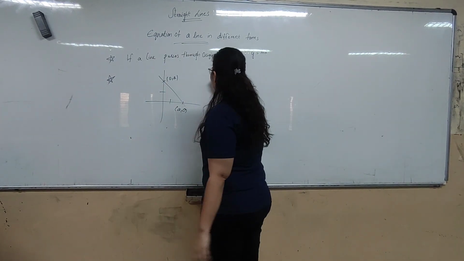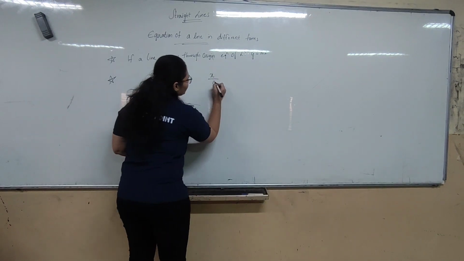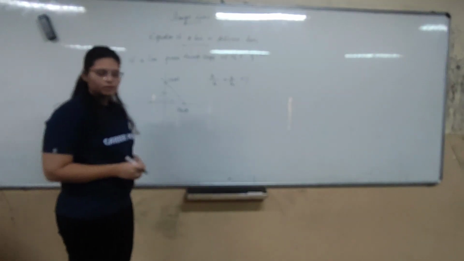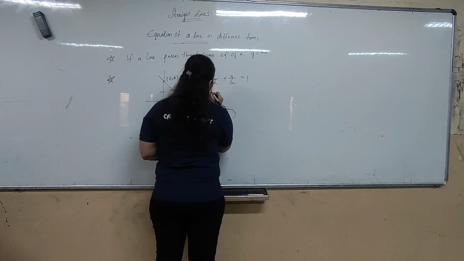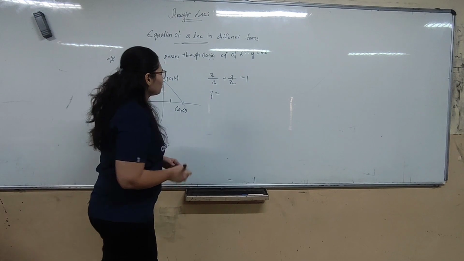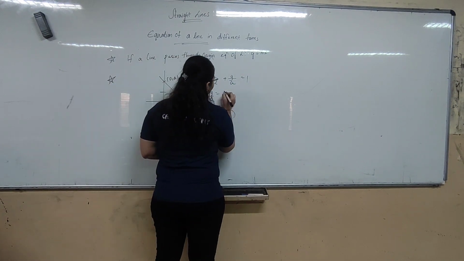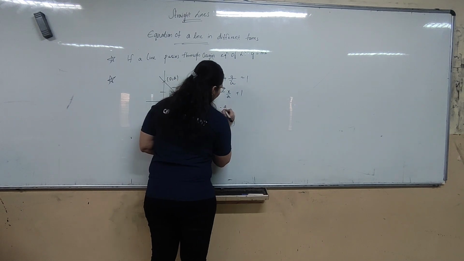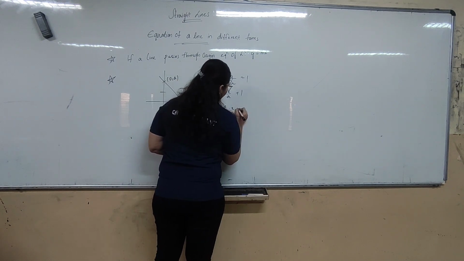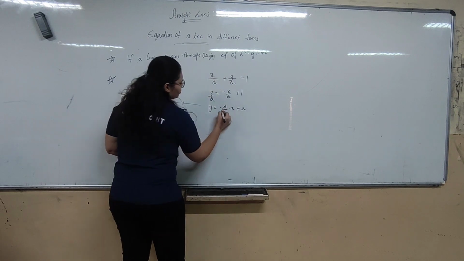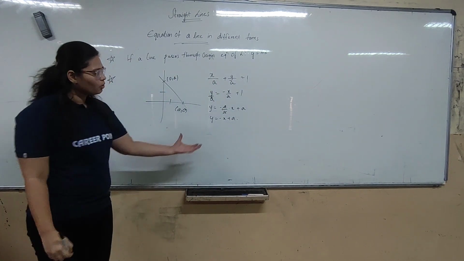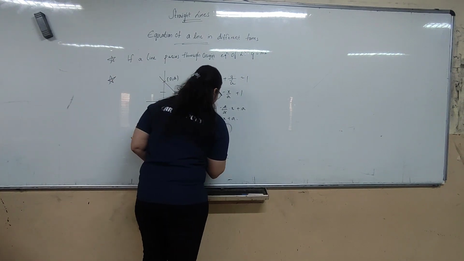We can write it in intercept form, that is x by a plus y by a is equals to 1, right? So y by a is equals to minus x by a plus 1. So y is equals to minus x plus a, right? So m is always -1.